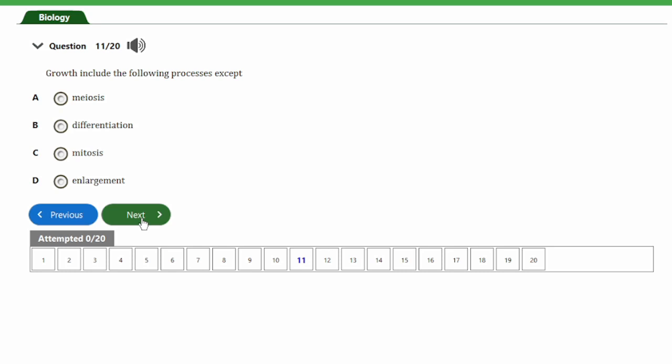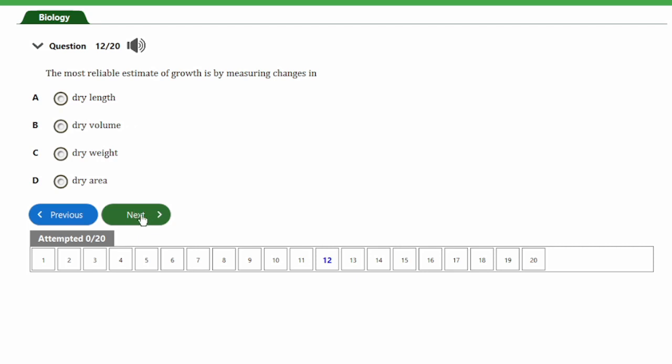There is cell differentiation, and then there is cell enlargement. But guys, meiosis only occurs in the sex cells, so it is not used to actually quantify growth in general. So actually we have the processes: cell division, which is mitosis, cell differentiation, and then cell enlargement.